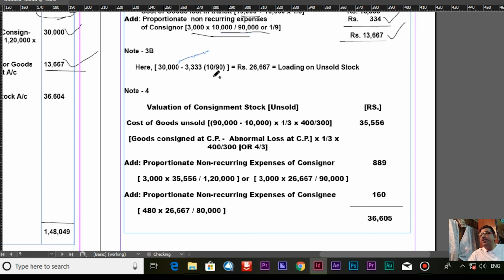Here, 30,000 minus 3,333 into 10/90. This is the loading on unsold stock.